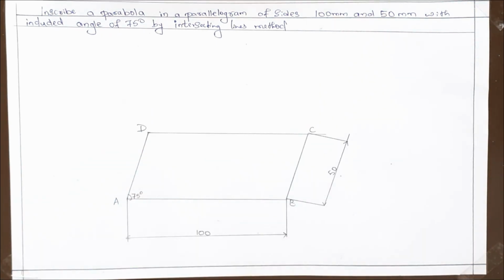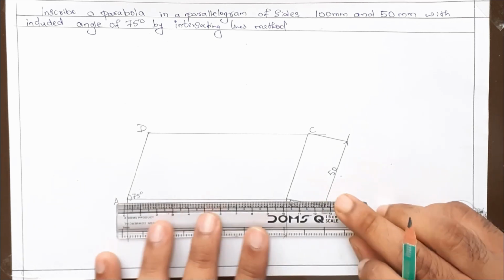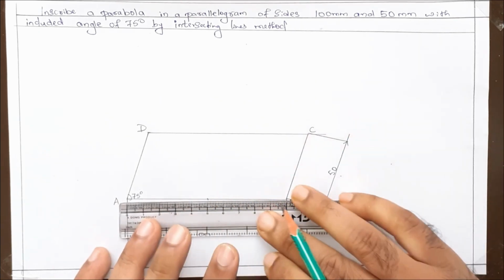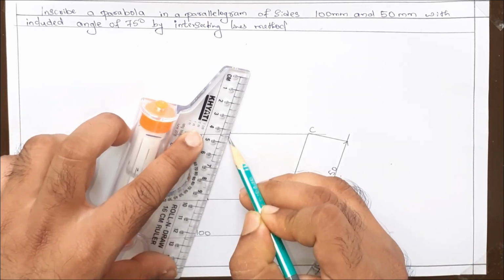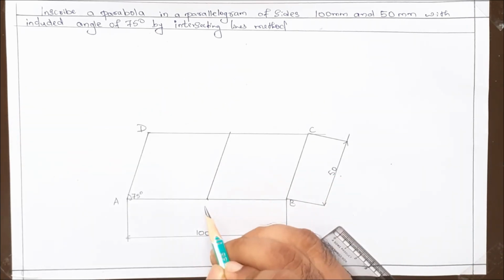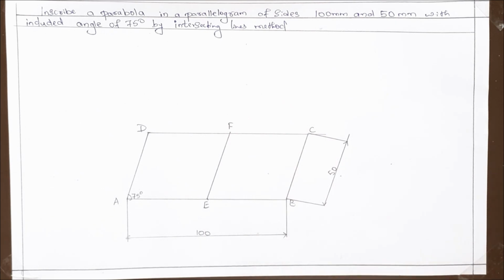Next, let us divide this parallelogram into two equal parts by bisecting the line AB. So, let the points be E and F.